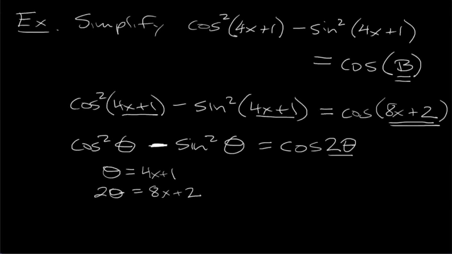That would be b, whatever's inside the cosine. If they're looking for you just to simplify the whole expression, so if I hadn't given you this piece and I just wanted to know what it was equal to, then my answer would be this.